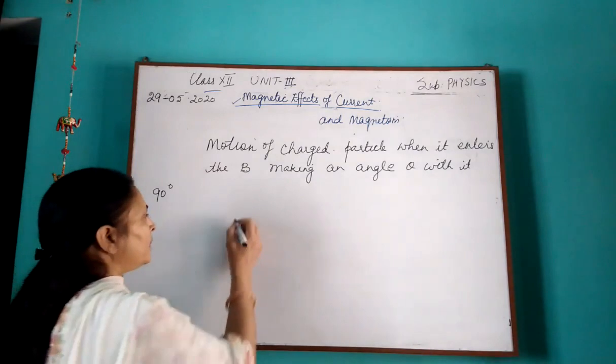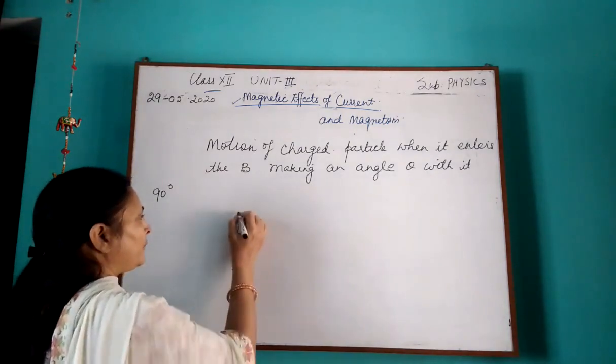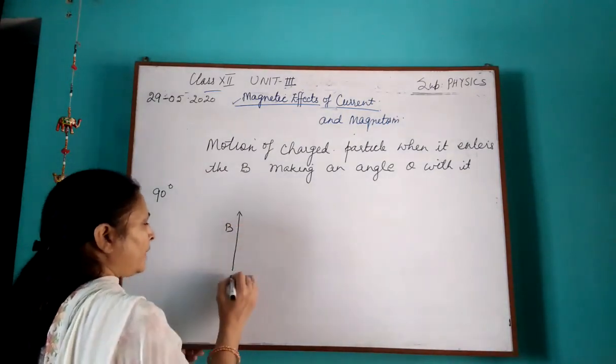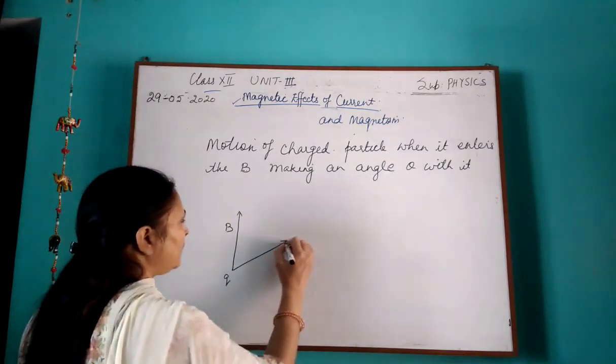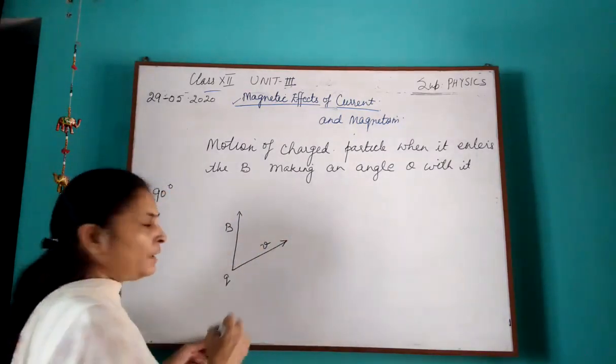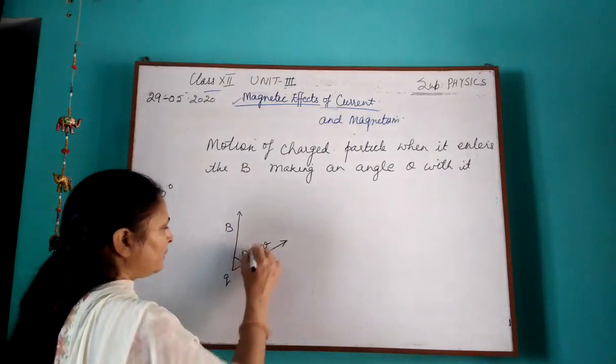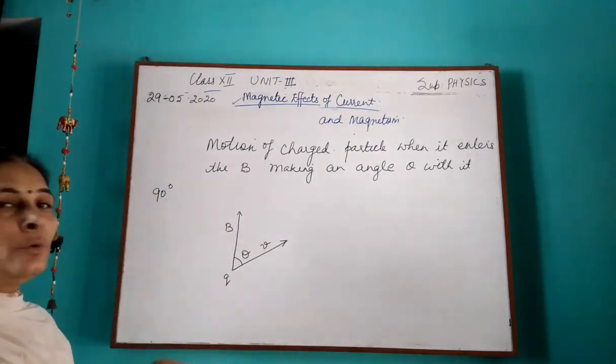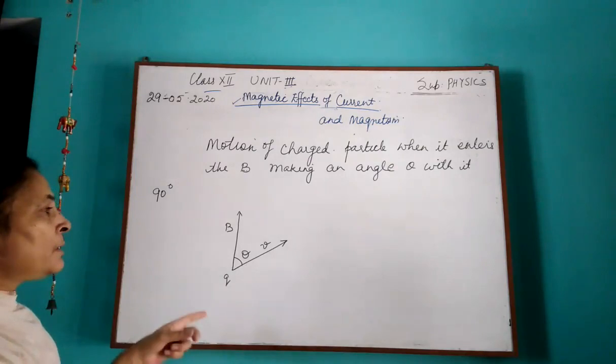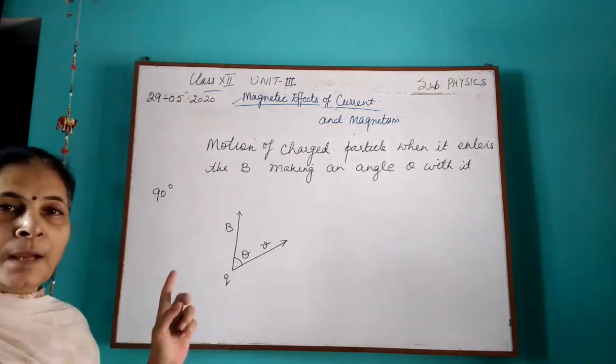Now consider this is the magnetic field. A charged particle Q enters with velocity V, making an angle theta. We already know the path when the velocity component is perpendicular to the magnetic field.